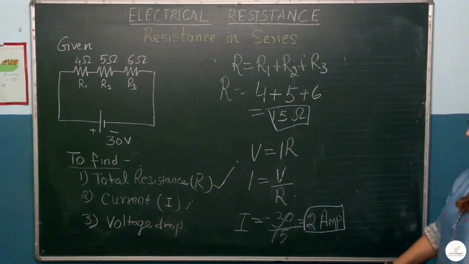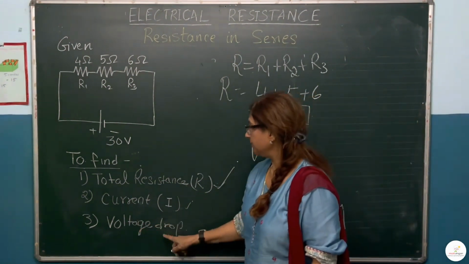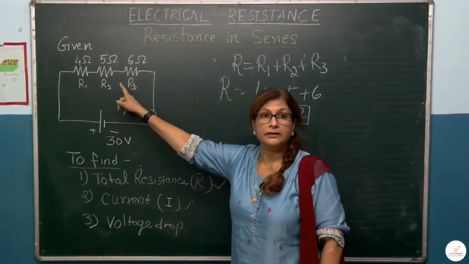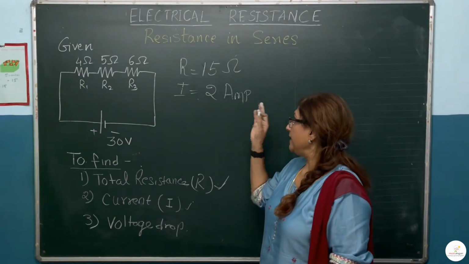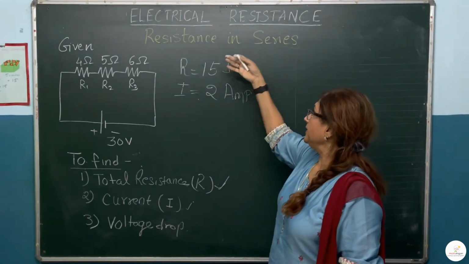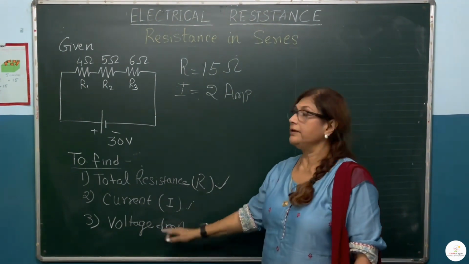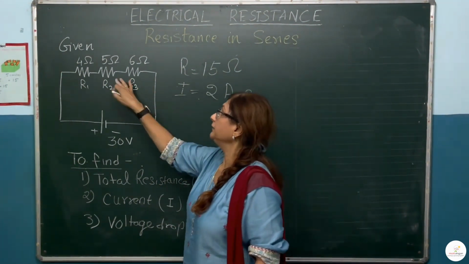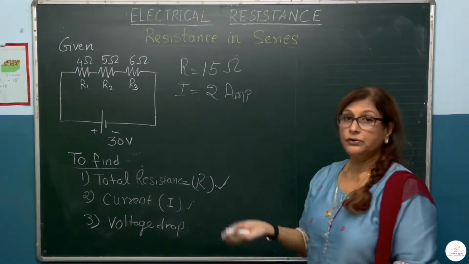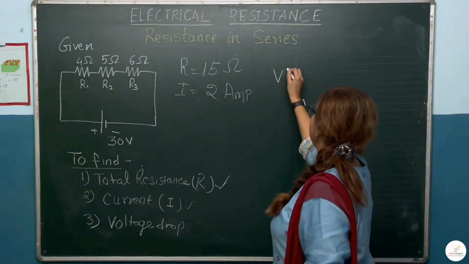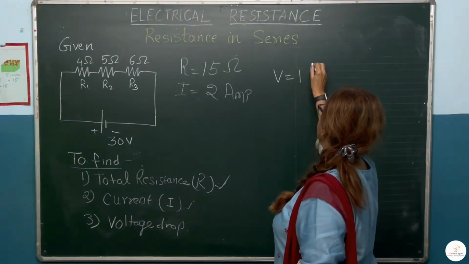And now the third one we need to find out is the voltage drop among the three resistors. And now that we know R is equal to 15 ohms, I is equal to 2 amperes, we need to find out the voltage drop in all three resistors. So how do we do it? V is equal to IR.